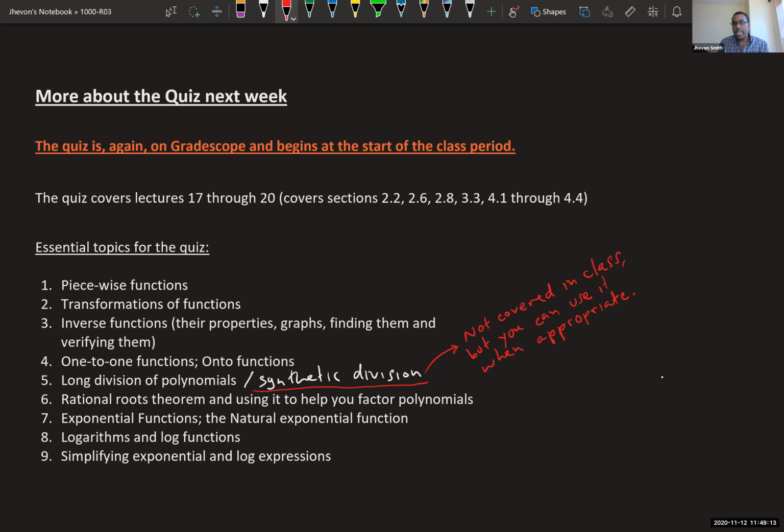So personally, I don't really jive with synthetic division, to be honest. But as you guys know, I show you guys methods even when I don't particularly use them and I don't particularly like them. The reason why I chose against this for synthetic division is there are actually cases where synthetic division does not work.